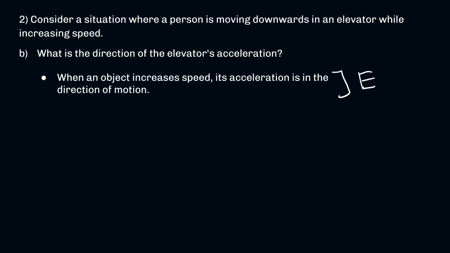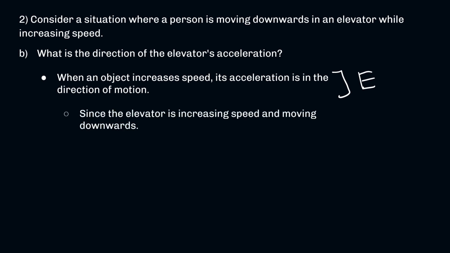Then our reasoning can be, since we are moving downwards and increasing speed, or while increasing speed, whatever you want to say. So since the elevator is increasing speed and moving downwards, that's going to be our reason. We can then say that the acceleration is in the downward direction.